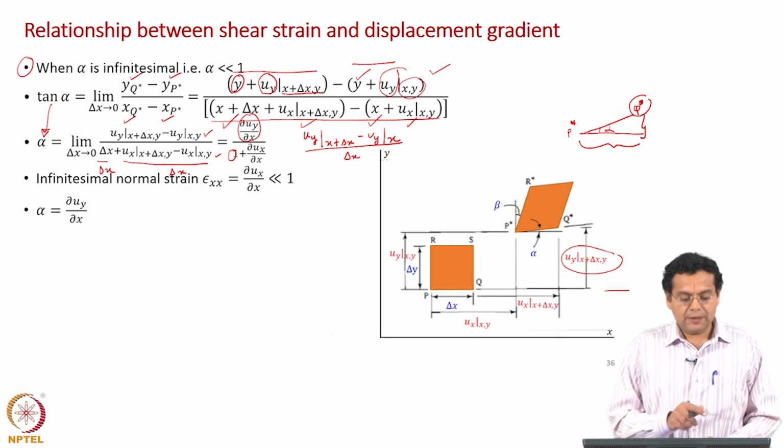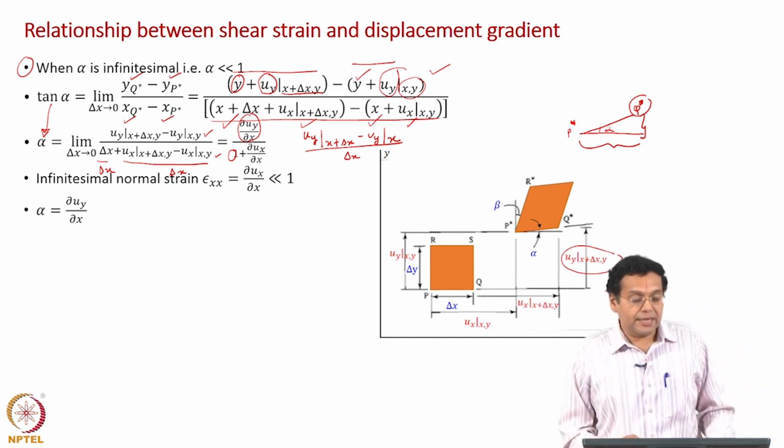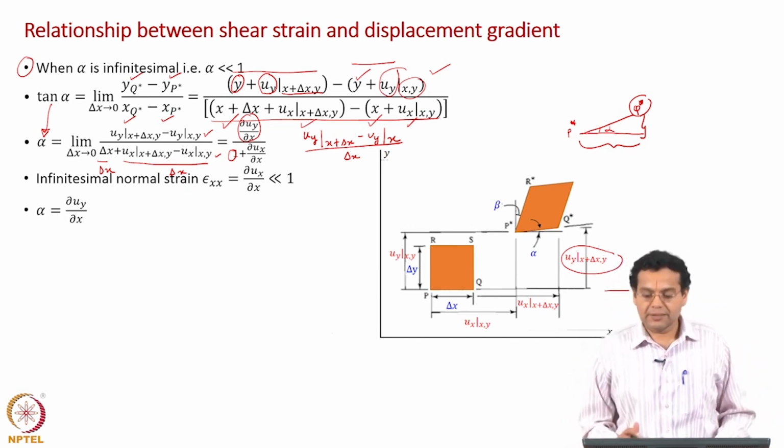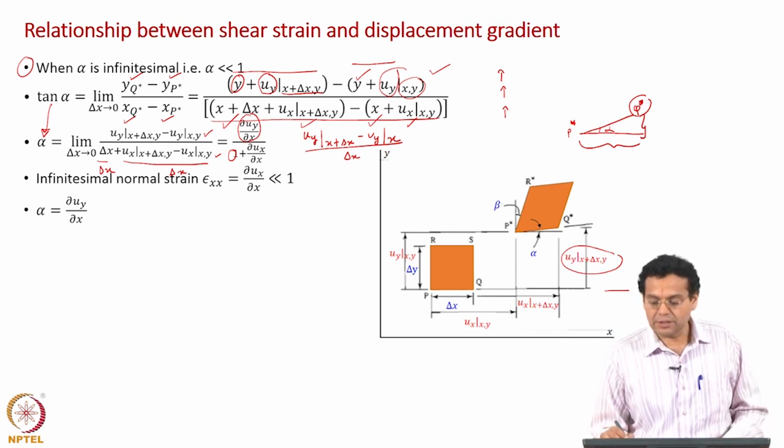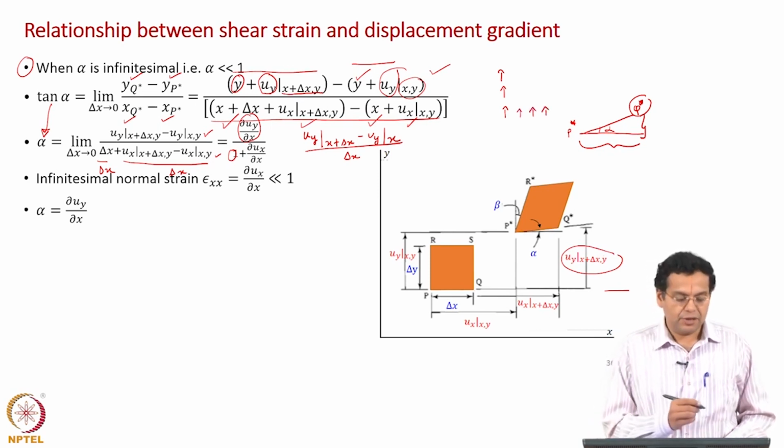What is it? Change of y displacement along the x direction. The y displacement is vertical, but dou u y by dou x tells you how this vertical displacement changes in the x direction. That is the meaning of dou u y by dou x.